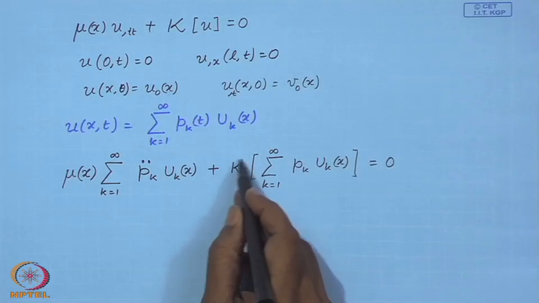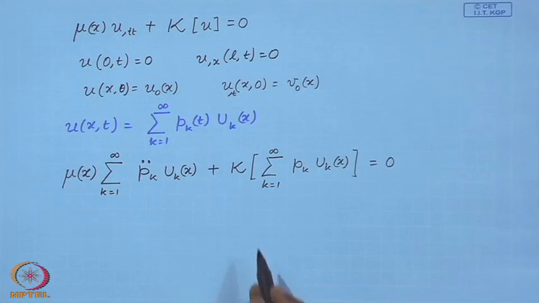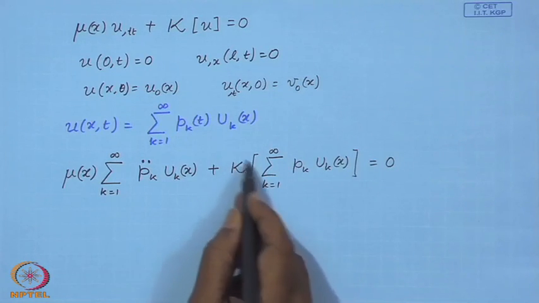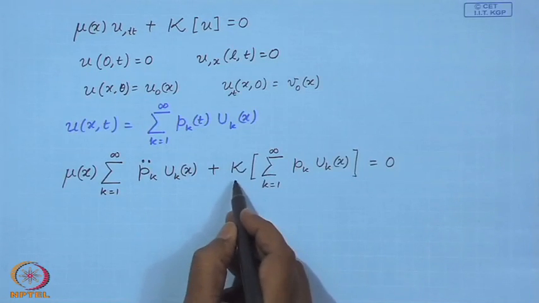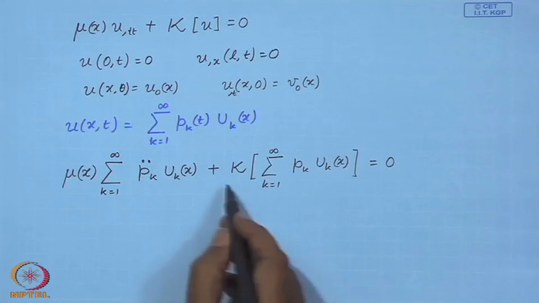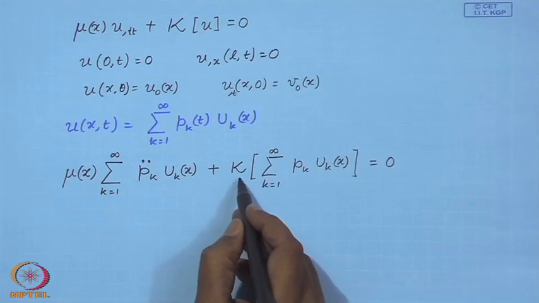Now, K is a linear differential operator, and in the kinds of systems we are considering, this K has only spatial derivatives and is linear.